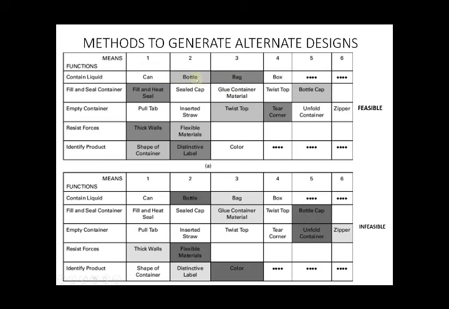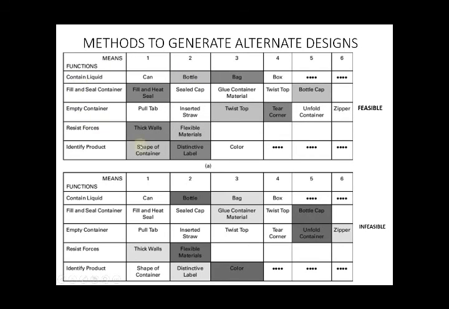So here the different options are shaded as light gray and dark gray. Dark gray represents the most feasible solution, and light gray indicates the second best feasible solution.